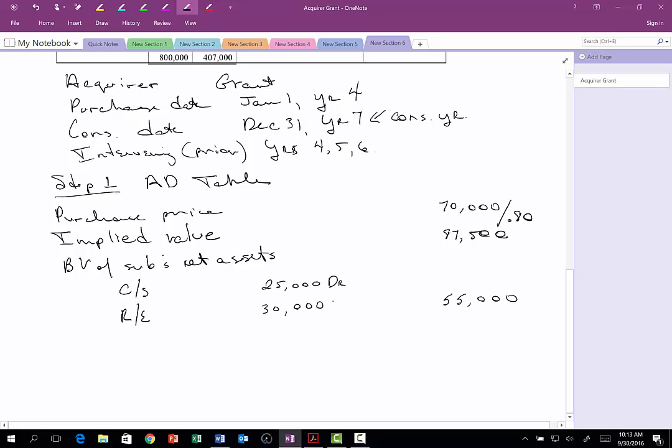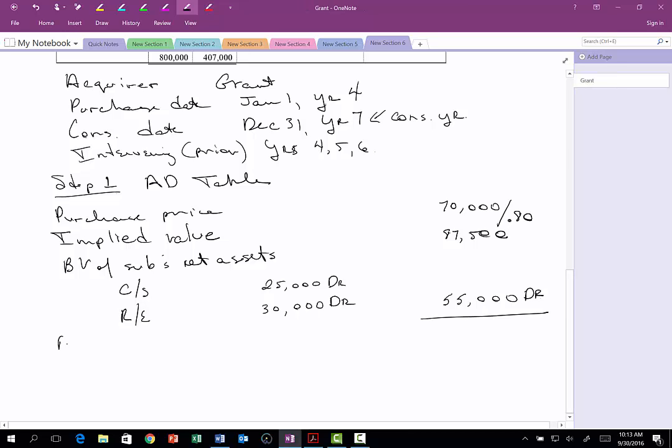Remember, even though equity is a credit, when we refer to the sub's net assets, because we're referring to assets minus liabilities, we actually consider it to be in a debit position. So consequently, this total, the sub's net assets, are 55,000 in a debit position.